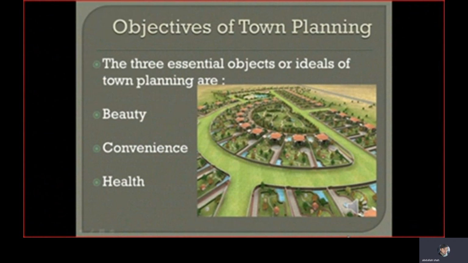The aim of town planning is to improve public health and safety and to protect the environment. The three main objectives or the key aspects of the town planning are beauty, convenience, and health.